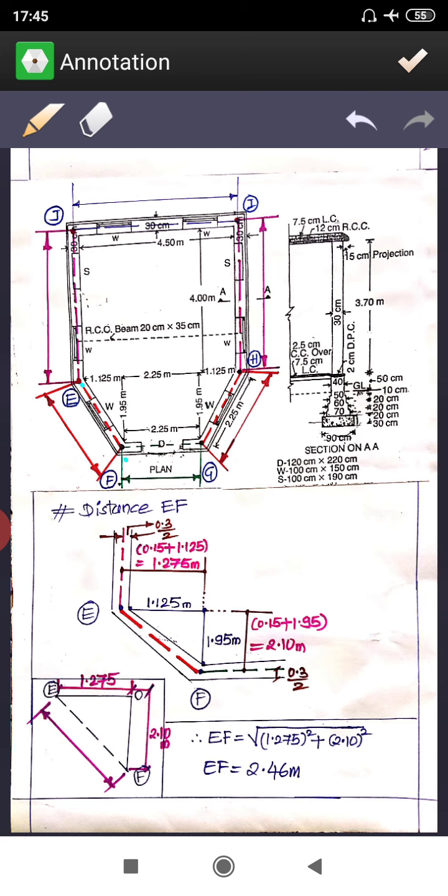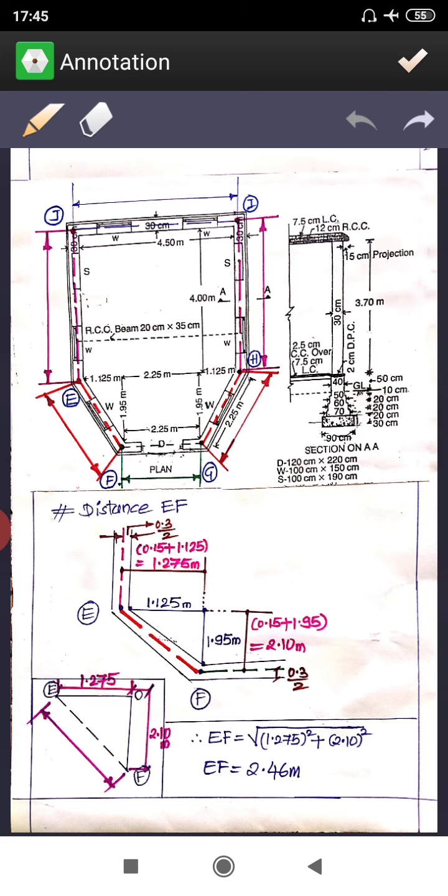Going along the names, E, F, G, H, I, J, so EF is my line, then FG, GH, HI, IJ and JE. This is a hexagonal plan along with the center line.